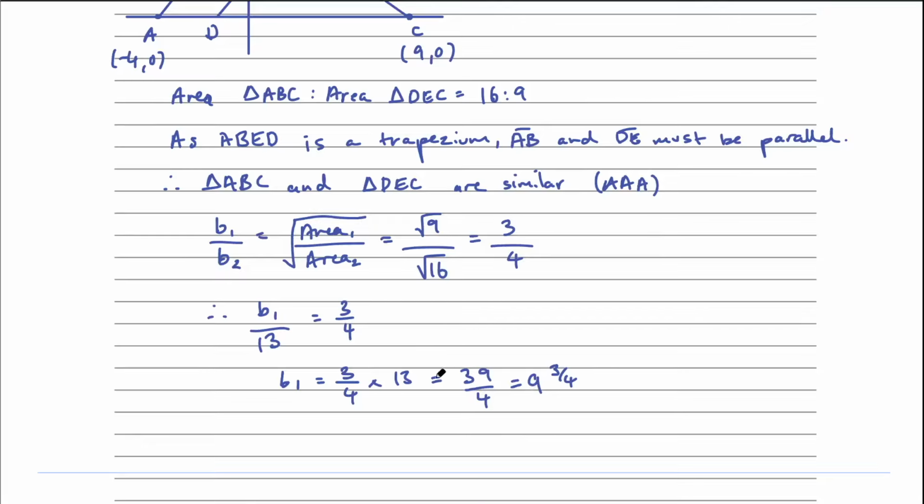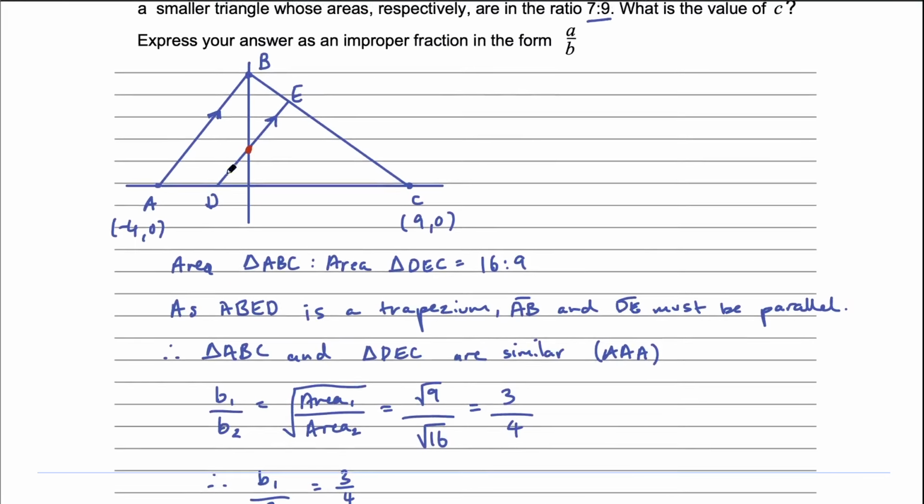Okay, so that's the length of the base of the smaller triangle. So let's actually just indicate where that is in red. So that would be this length here. So we've worked that out to be 9 3/4. What does that mean? Well, this x coordinate is 9, so that's the distance from O, the origin.